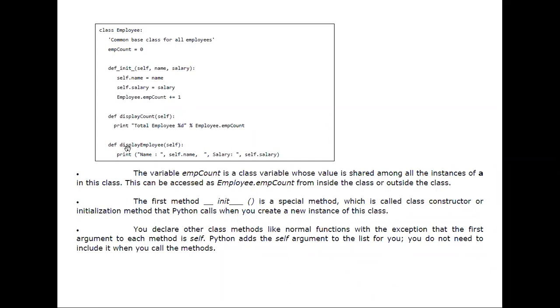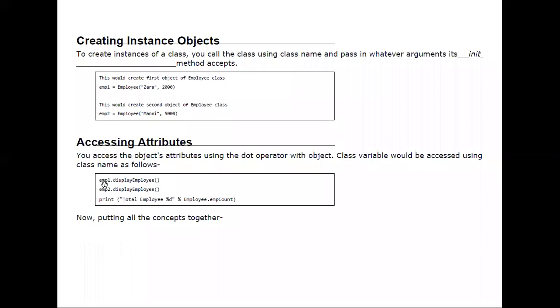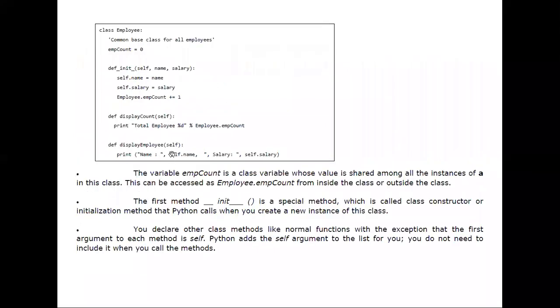Now what we are doing, we are calling that display_employee, emp1.display_employee, that emp1 will be there, that is the self, it will be done automatically. So for each and every object, it will give you the self, that is, its own variables, its own data variable for each and every object will be fetched.